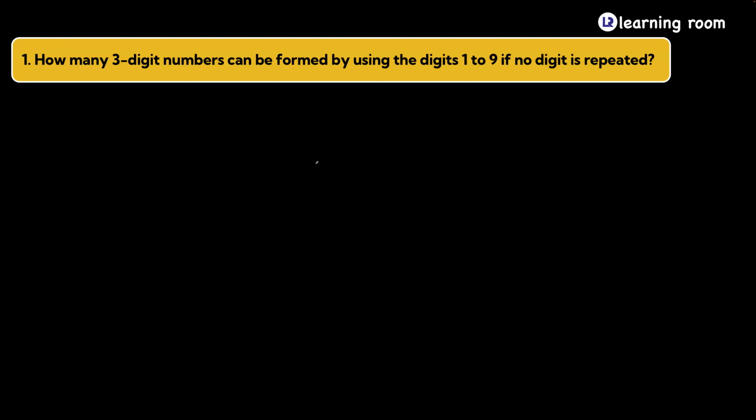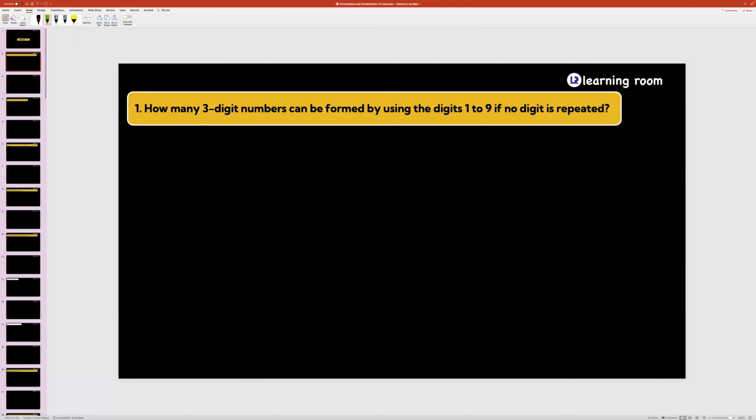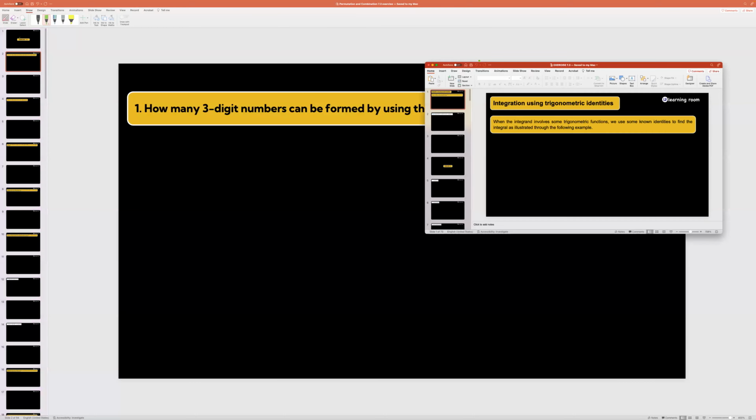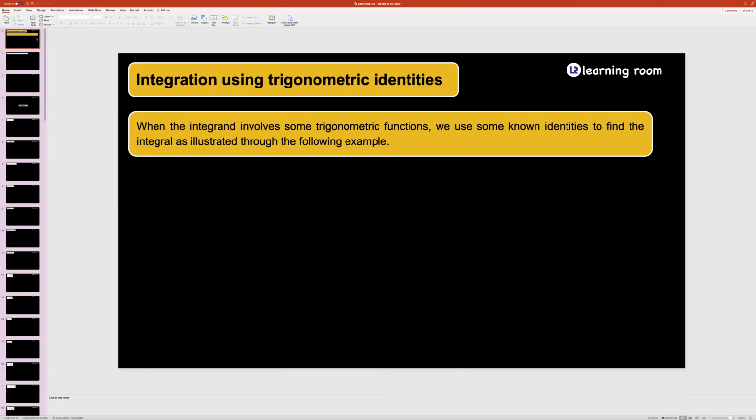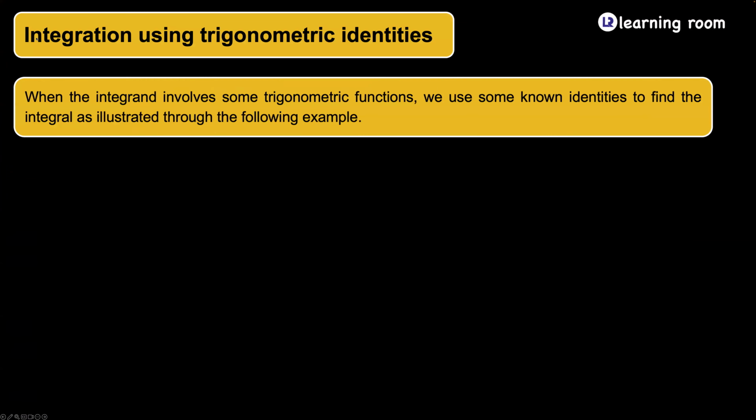Permutation combination. 11th, 11th one. Okay, when the chapter. It's here. Yeah. So let's get started with this.